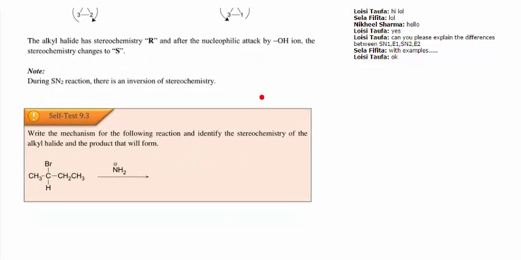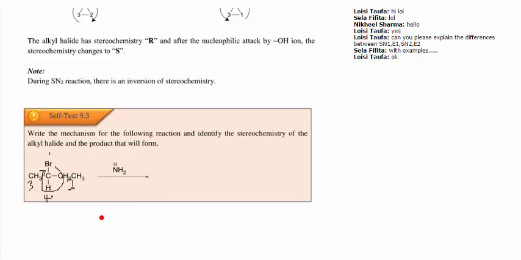So similarly, here bromine is more electronegative than the others, so it gets 1. Then the ethyl group is 2, then the methyl group is 3, and then the hydrogen is 4. So if you draw an arrow from 1, 2, and 3, you'll see that it goes clockwise.